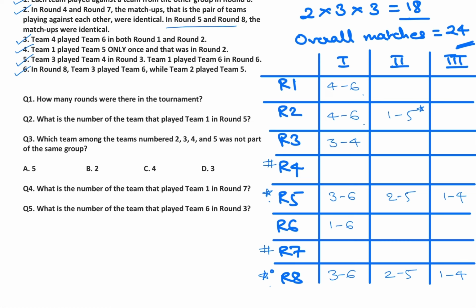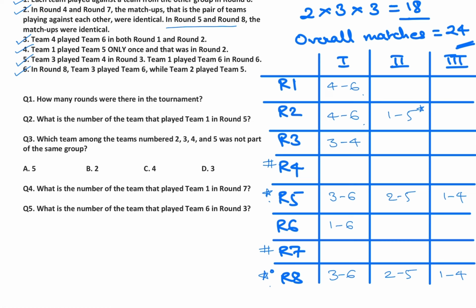Okay. So see if these cases are available. Team number 5 playing against 2. So this is already done here. I cannot take this. So this means that team number 5 will play its game with team number 3.